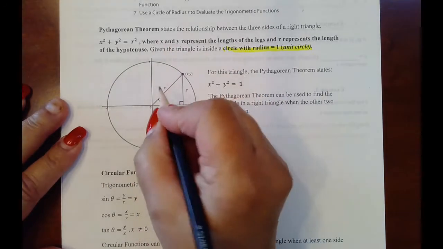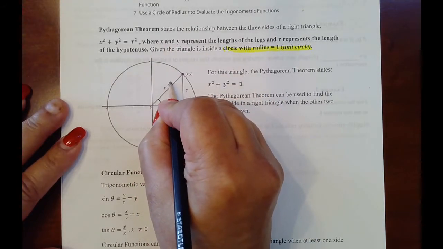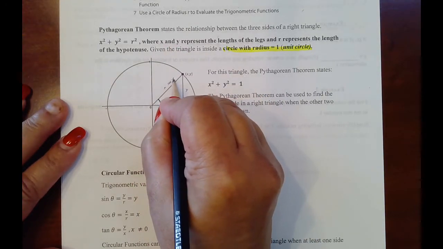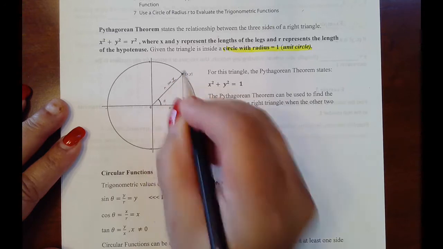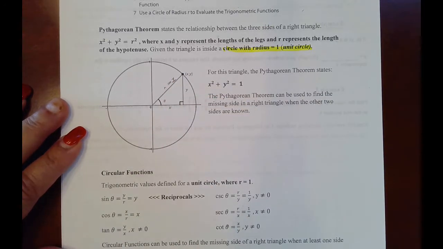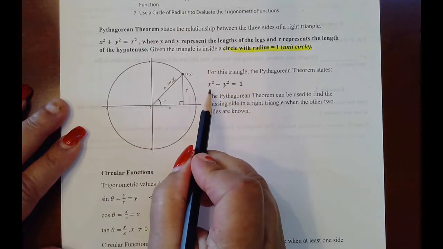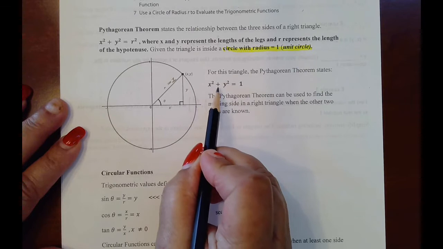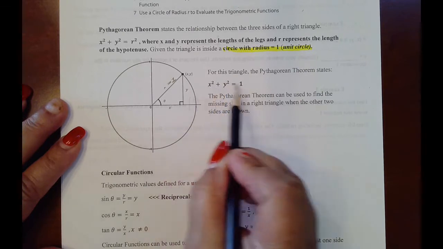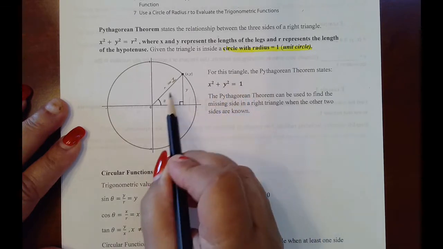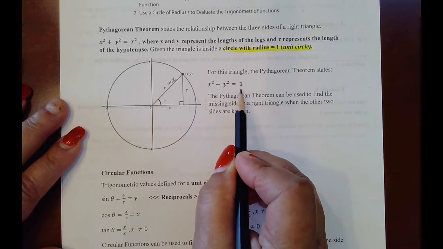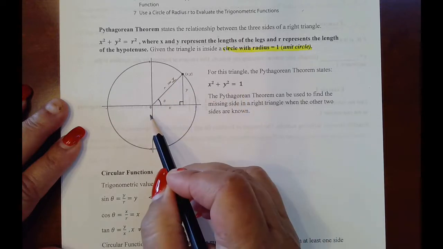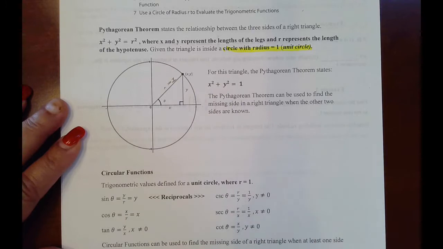So that being the case, if we're going to apply Pythagorean theorem to this particular type of right triangle where the hypotenuse, or the r value, is equal to 1, the Pythagorean theorem then becomes leg squared plus leg squared, these are the two legs, is equal to the hypotenuse squared. And in this case, the hypotenuse is a value of 1 because the triangle is inside a unit circle.